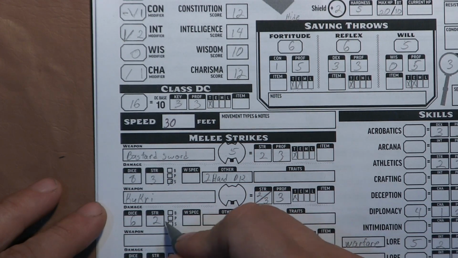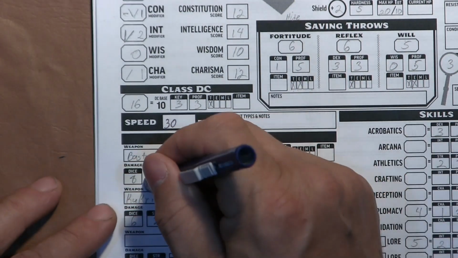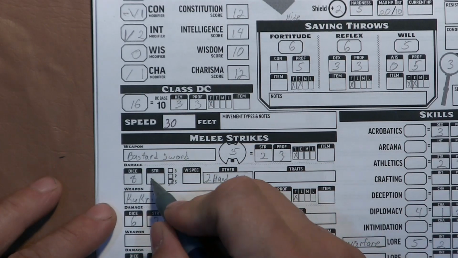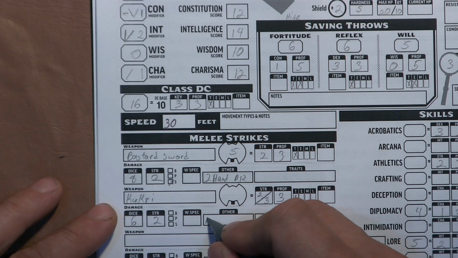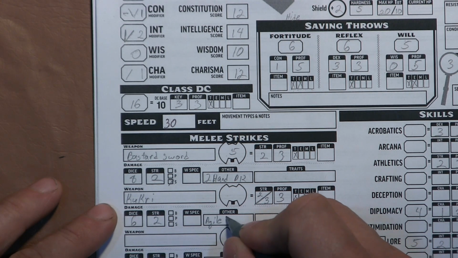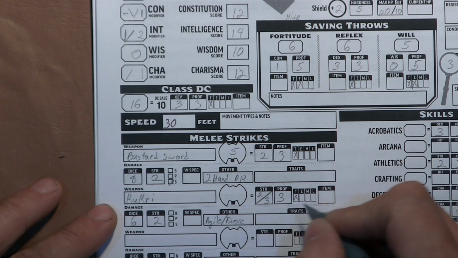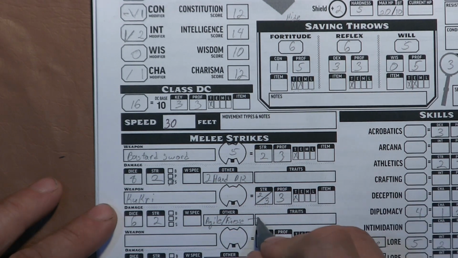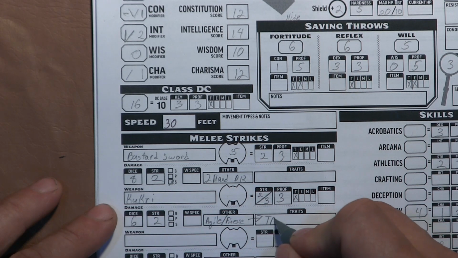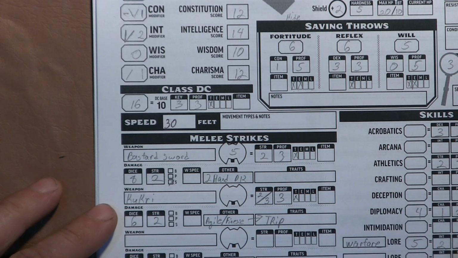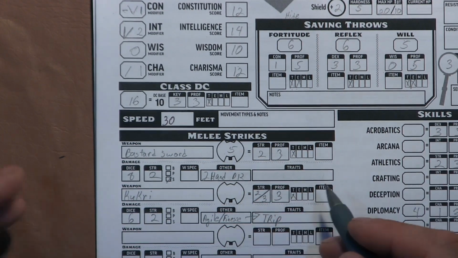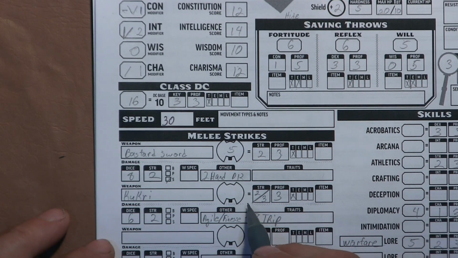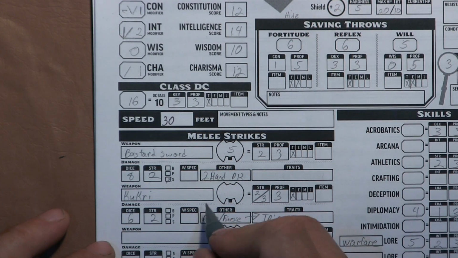Strength is 2. They have agile, finesse, and, oops, that belongs over here with the traits, and trip. So I don't see any reason to ever use the strength, so it's a 3/6.